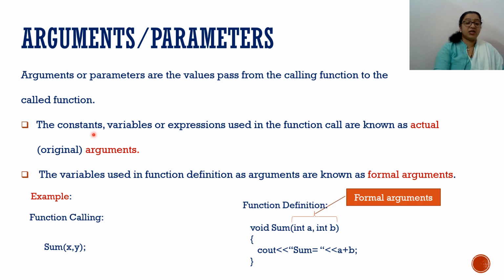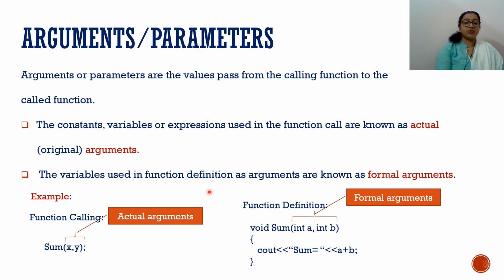And see this point: constants, variables or expressions used in the function call. This is the function call. Here we used variables x and y. So these are actual parameters, or we can say actual arguments.